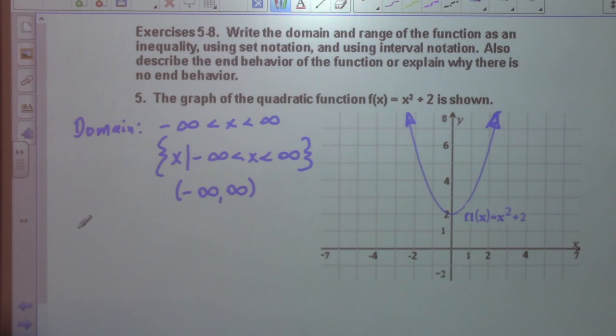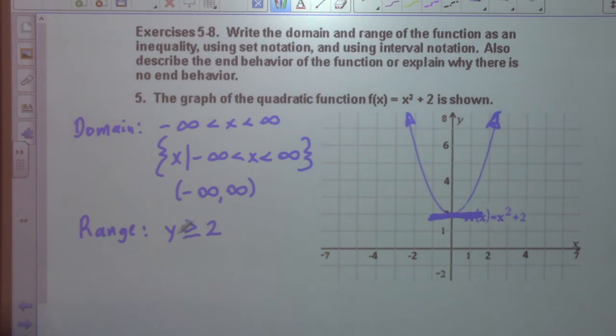The next, range. Now in this case, like Lola was mentioning, we do have a lower boundary here at y equals 2. So what is our range going to be? y is greater than or equal to 2.